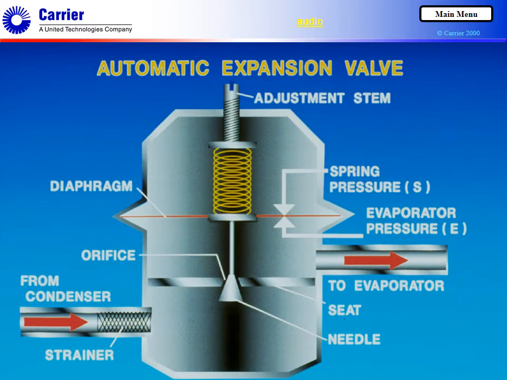The automatic expansion valve is designed to maintain constant evaporator pressure. It does this by the interaction of the forces between evaporator pressure underneath the diaphragm and the spring pressure above it. A difference between the two causes the diaphragm to bend. This in turn moves the needle into or out of its seat.